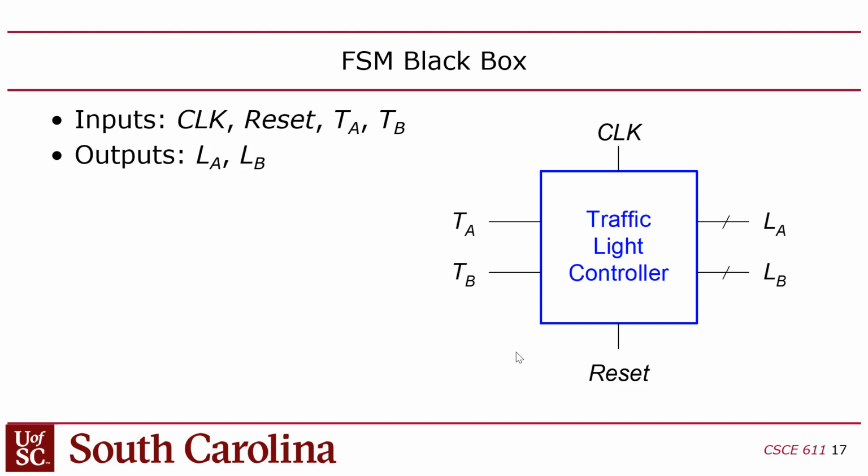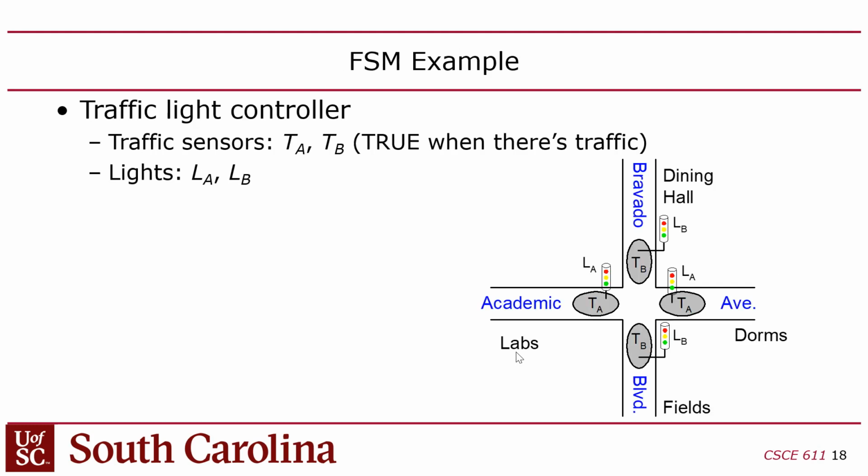You have an intersection of 2 roads called Academic Avenue and Bravado Boulevard, and you have a traffic light on Academic and on Bravado, right? You also have a sensor on both streets that senses when there are cars waiting at the intersection. So your inputs are TA and TB, the traffic detectors on Academic and Bravado. And you have the actual traffic lights at Academic and Bravado, which are L sub A and L sub B. So TA and TB are the traffic, LA and LB are the lights, right?